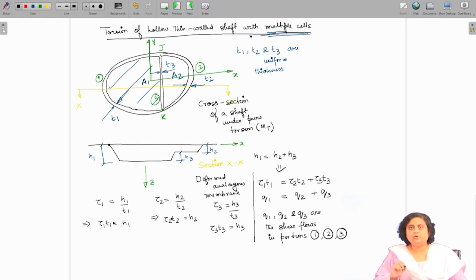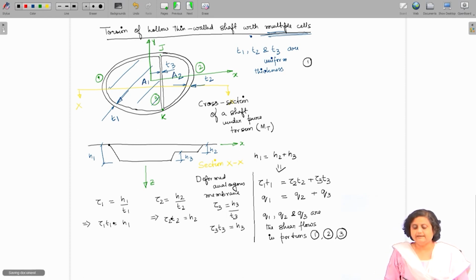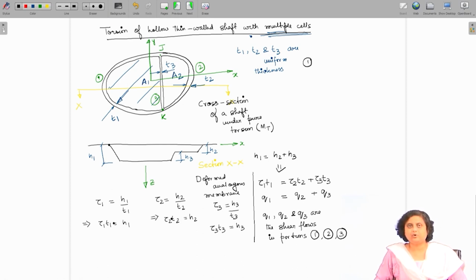Now, let us try to conclude what we have understood from the membrane analogy and what inferences about the mechanics we can make from it. The first conclusion that we can make is that the shear flow Q, which is given as the product of the shear stress and the thickness of the portion, does not vary in a portion between any two junctions.